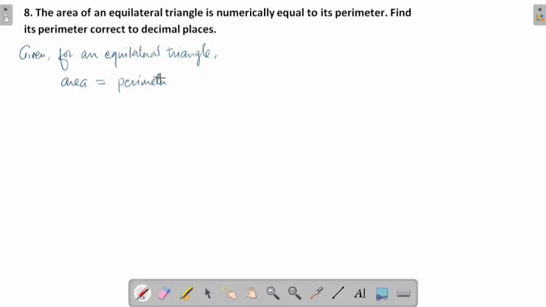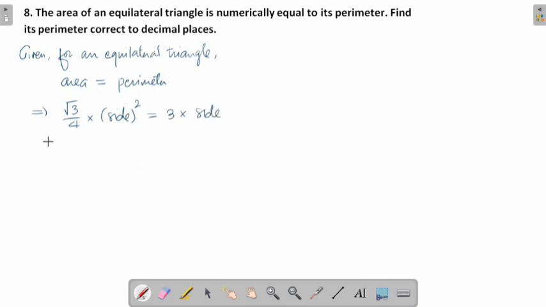If you look at question number 7 in your book, a hint is given to you. In the hint, the formula for area is given to be root 3 by 4 into side square. This is equal to perimeter, and the formula for perimeter is 3 into side.